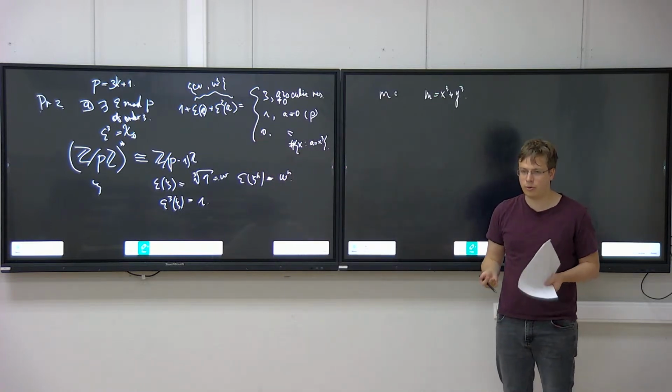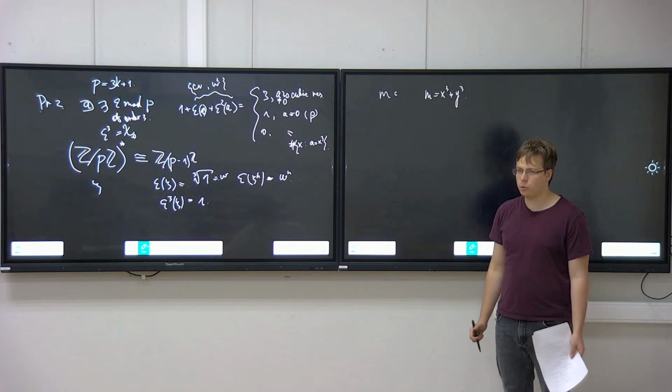We actually have a characteristic function for cubes.